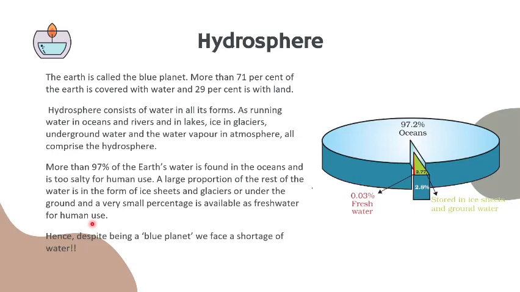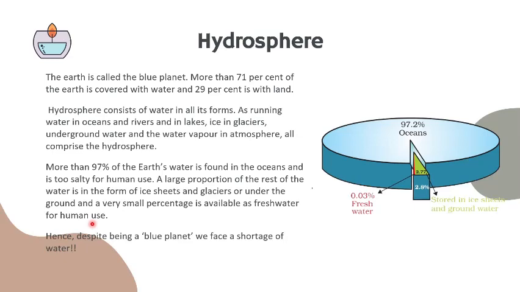Hydrosphere consists of water in all its forms: running water in oceans, rivers and lakes, ice and glaciers, underground water, and the water vapor in the atmosphere. It is not air, by the way, it is water vapor. All of it comprises the hydrosphere.